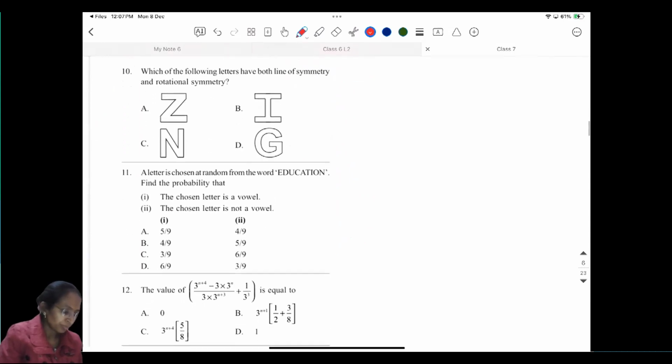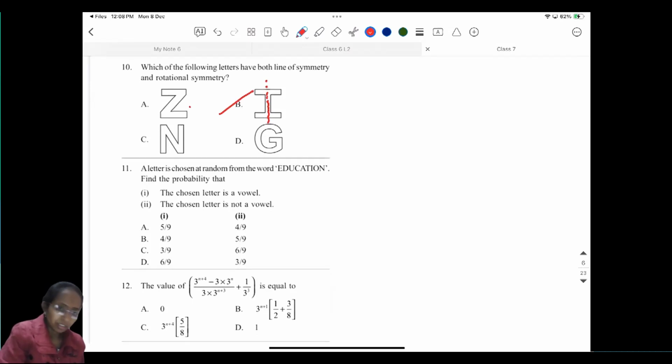Now the next one. Which of the following letters have both line of symmetry and rotational symmetry? So this will have a rotational symmetry, but first option does not have a line of symmetry. Now in second, we are having both. This will be my line of symmetry. And again, we can have a rotational symmetry also. So B is the correct option. Now 11th, a letter is chosen from the word education.